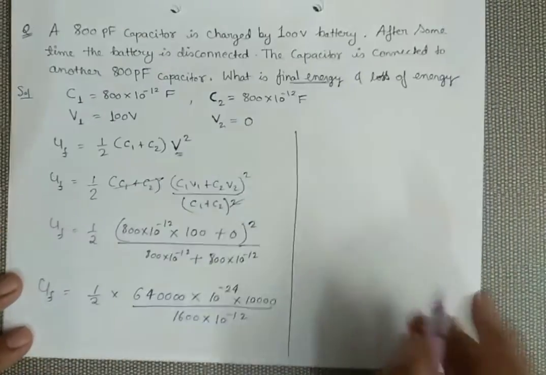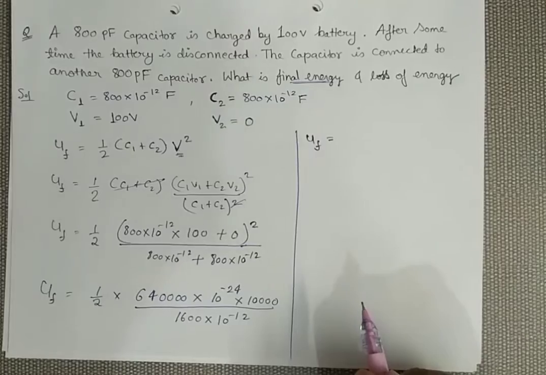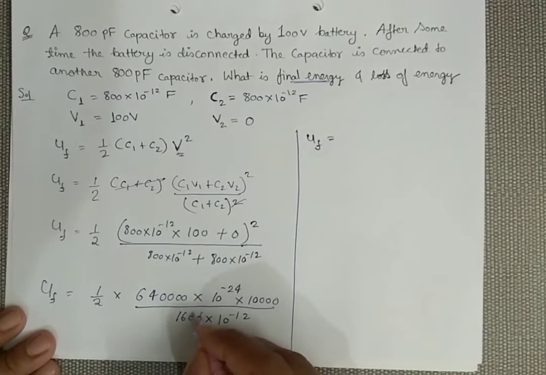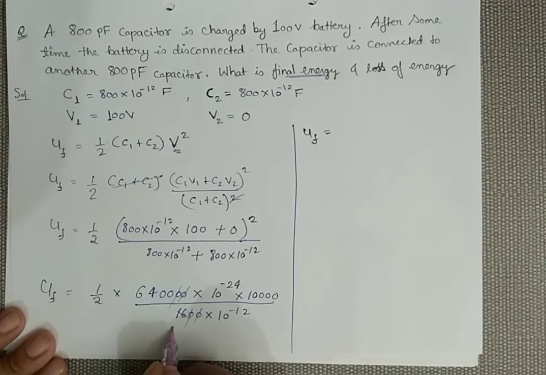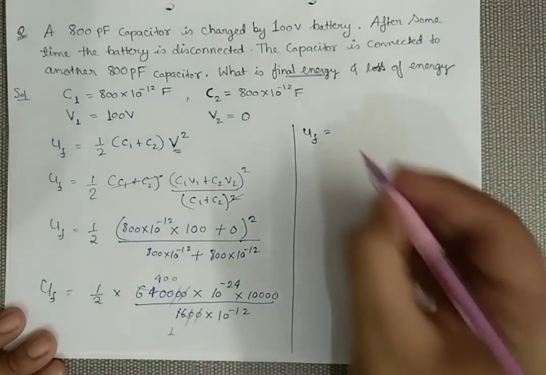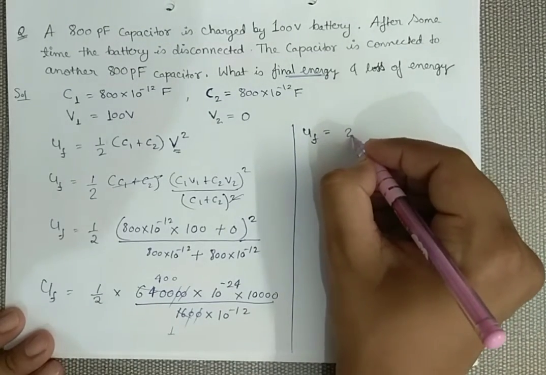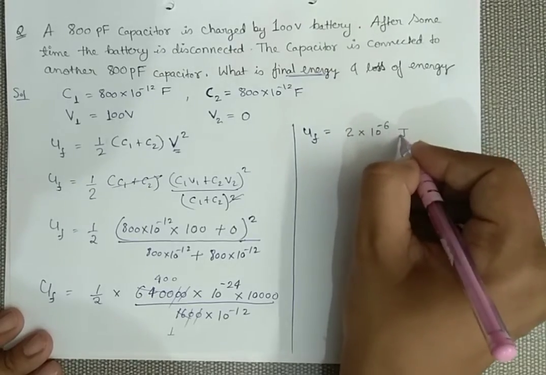So just simplify this factor. We can cancel out some terms. So your final answer will be 2 into 10 to the power minus 6 joule.